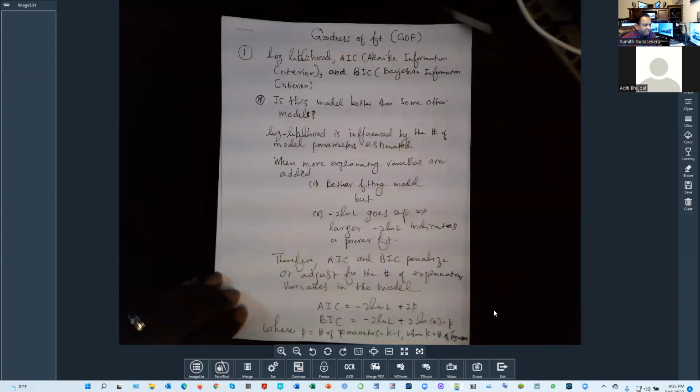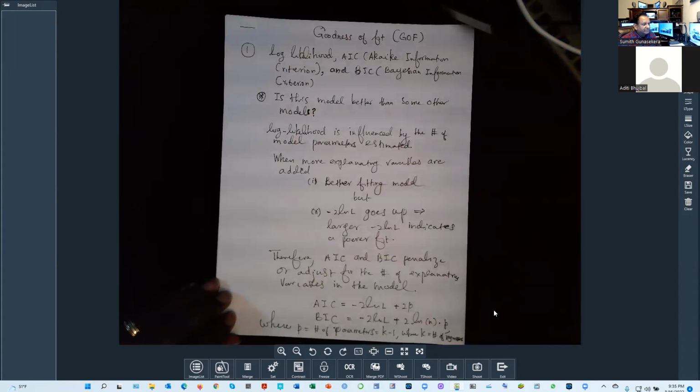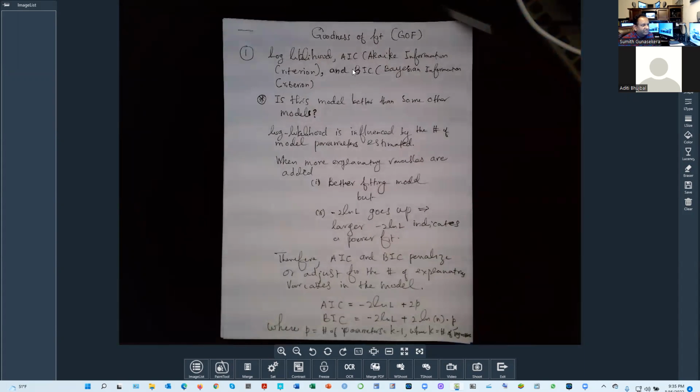So if we go back to this one that I was showing yesterday, this is a major thing: the goodness of fit, log likelihood, AIC, Akaike information criterion, or even the Bayesian information criterion. I added that one too. If you're trying to say this model is better than some other model, you utilize the log likelihood function, but it's influenced by the number of model parameters.